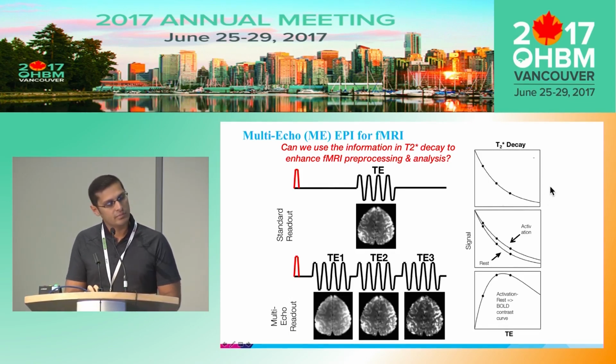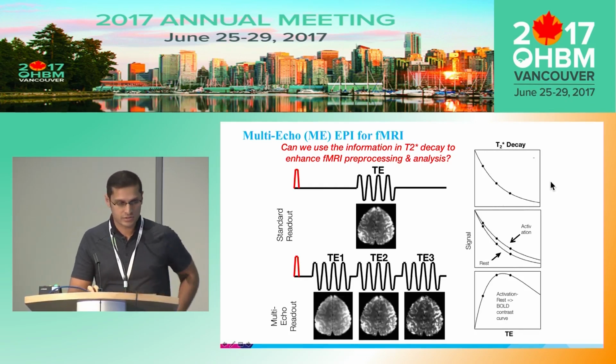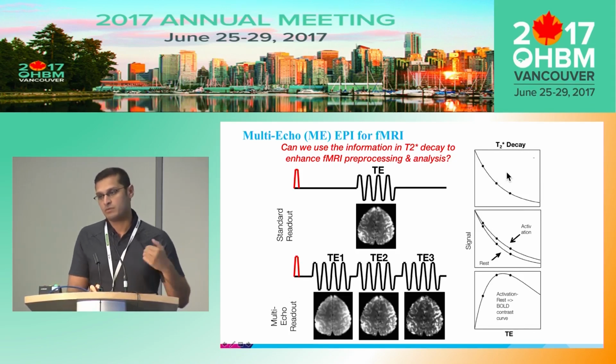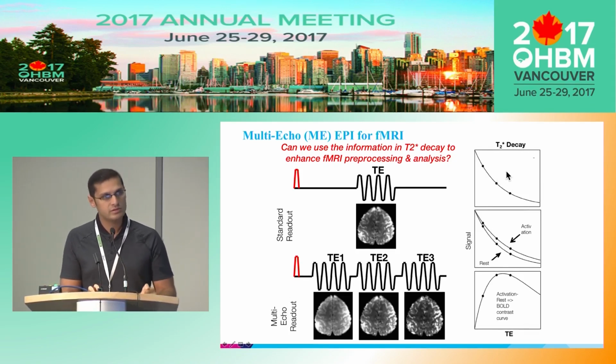So here's just an example. I'll go through a little bit more of this in just a bit, but essentially, at any given voxel, given any excitation, signals decay over time. It very roughly follows a mono-exponential decay, but if you sampled more echoes, and if you had a higher precision measurement, it would be roughly bi-exponential.